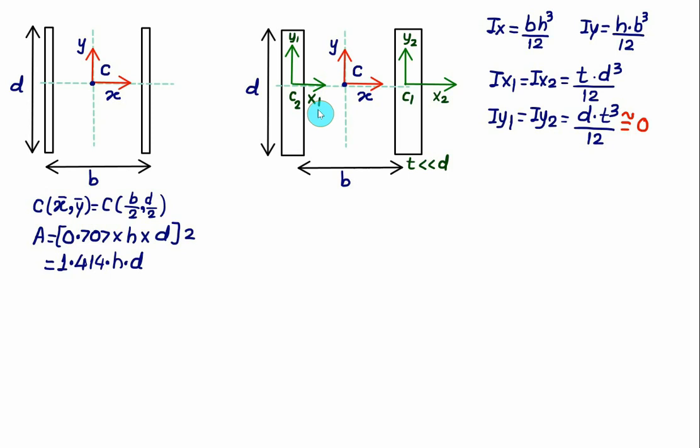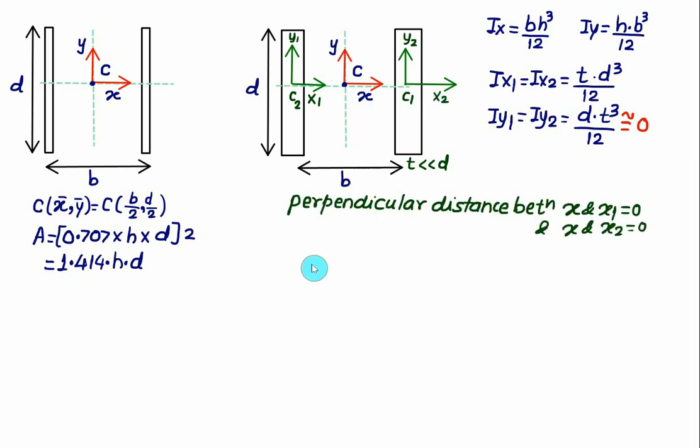So we can transfer the moments of inertia Ix1, Ix2 to the x-axis. For that we'll use the parallel axis theorem. The distance between x and x1 is equal to 0. The perpendicular distance between x and x2 is equal to 0. So by the parallel axis theorem, the moment of inertia about the x-axis is equal to Ix1 plus area A1 multiplied by perpendicular distance square, plus Ix2 plus area A2 multiplied by perpendicular distance square.